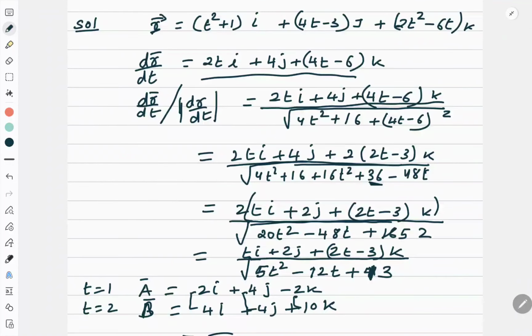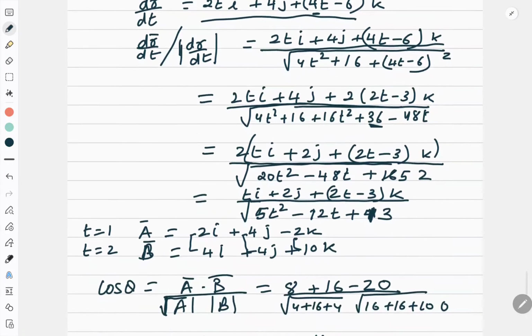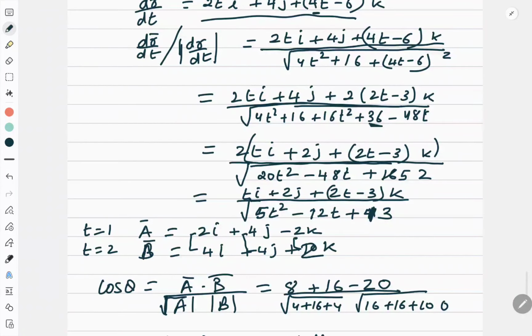Okay, see here, this mistake I have done, a small mistake. When I am putting t is equal to 2, 4 2s are 8. 8 minus 6 is 2. By mistake I wrote 10. So it is 2. So here it will be 8 plus 16 and it is minus 4. Correct? And here also 16 plus 16 plus 4.